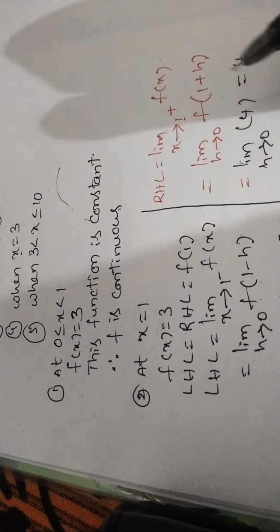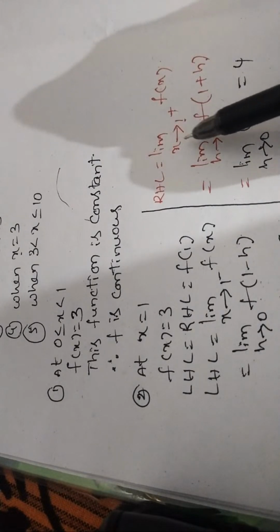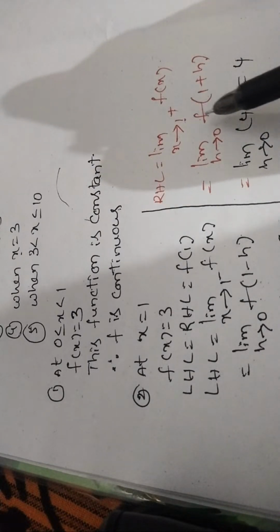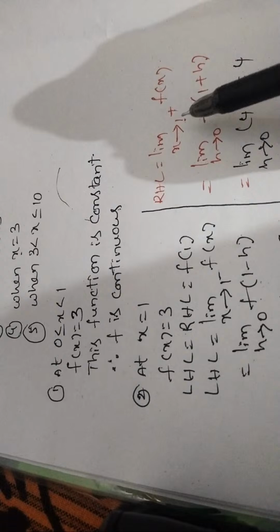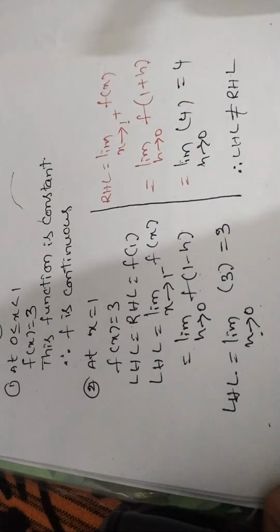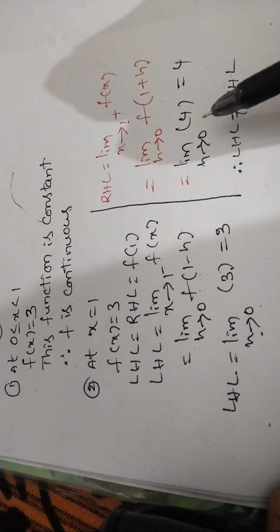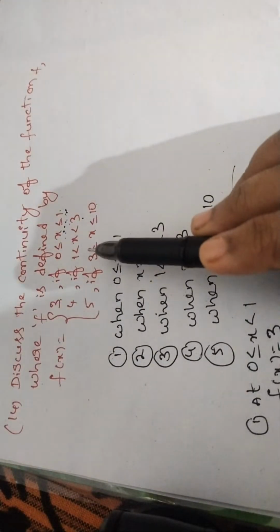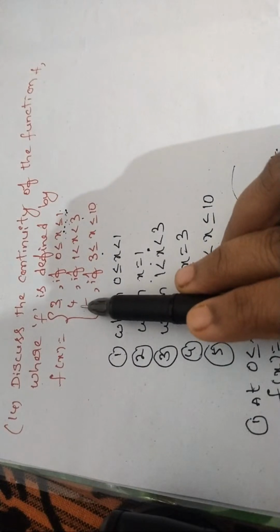Then go for RHL. RHL is limit x tends to 1 plus f of x, that is limit h tends to 0 of f of 1 plus h. Now 1 plus means more than 1. More than 1, the function is 4 at that time.